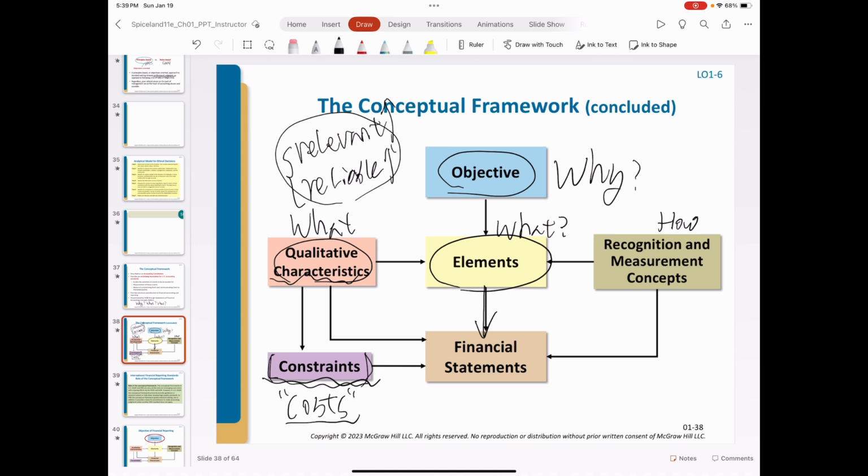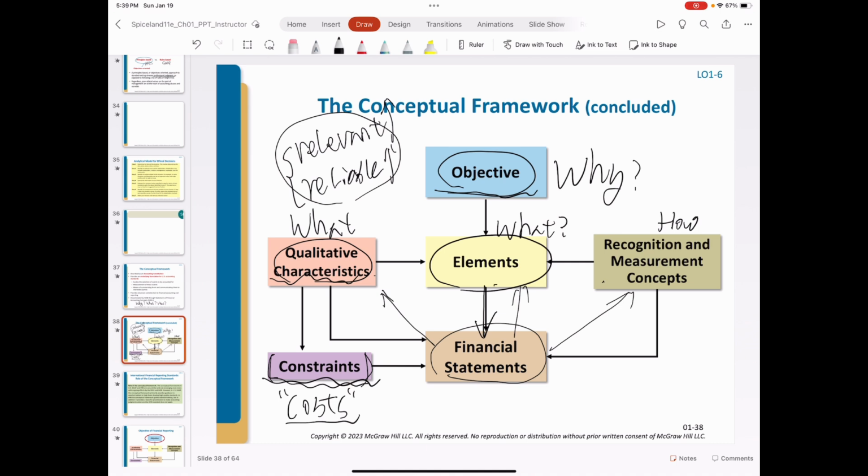We will find the financial statement is determined by the methodology, by the elements we include, by the quality of information. But these three are all determined by the objective we set.